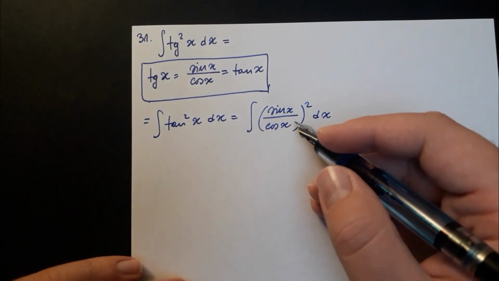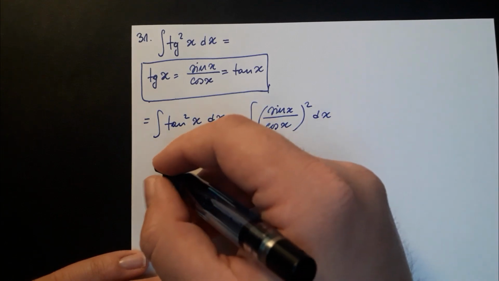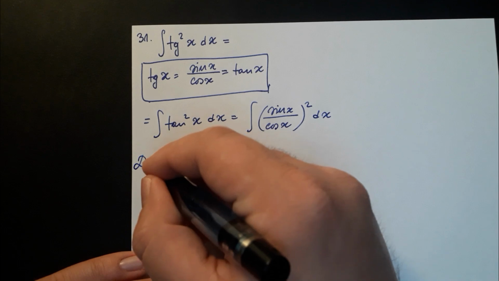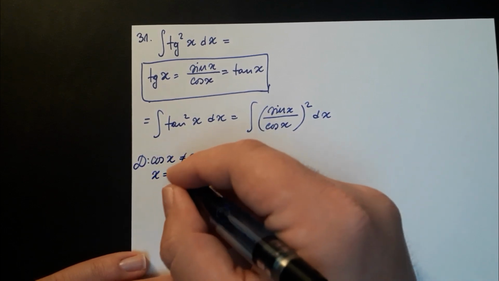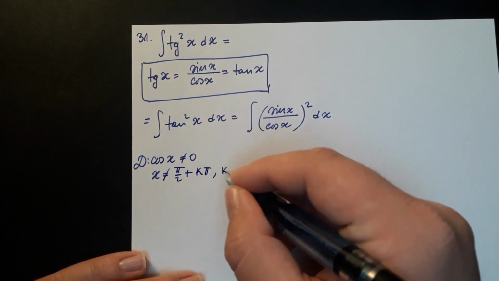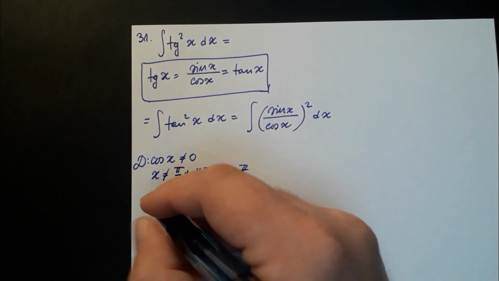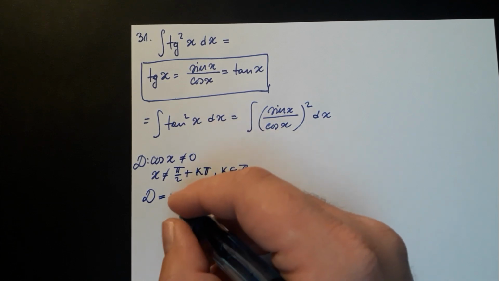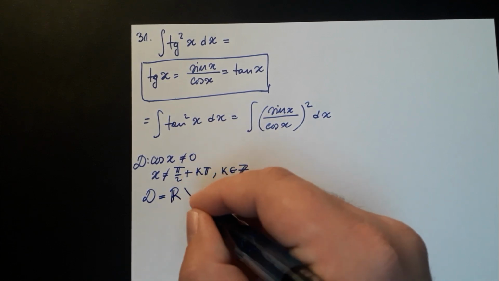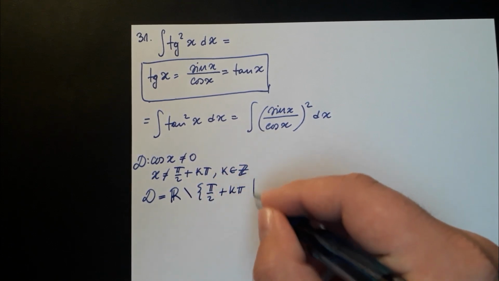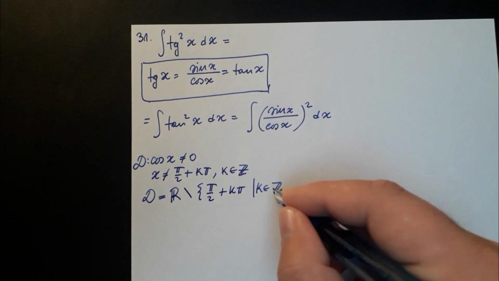And in order for this integral to be well defined, cosine of x has to be different than 0. That means that x has to be different from π/2 plus kπ, where k is an integer. That makes the area in which this integral is defined to be the set R without the dots π/2 plus kπ, where k is an integer.